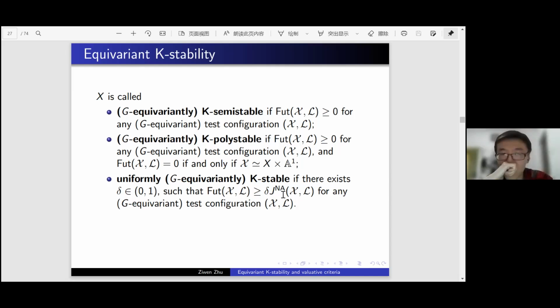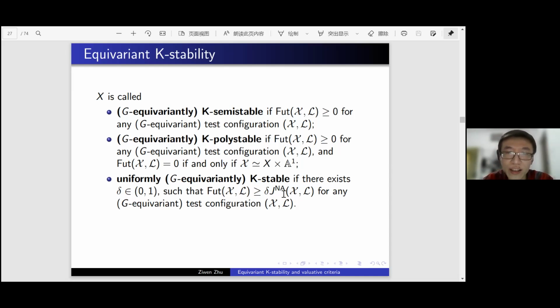Yes, exactly. I think my notion of uniform G equivariant K-stability is definitely not equivalent to what Chi Li does. I think what he does is actually more natural, and I would say his definition is the better one.